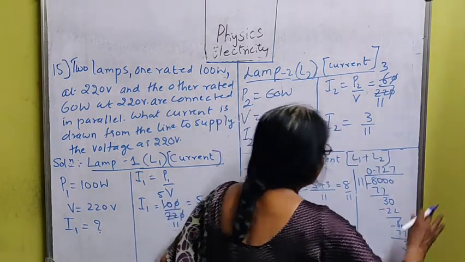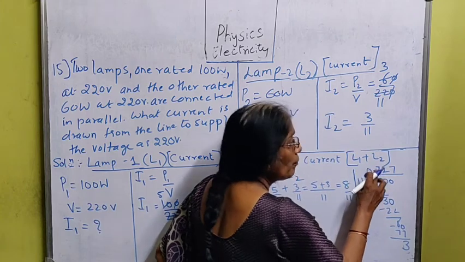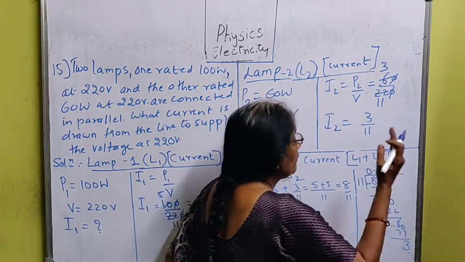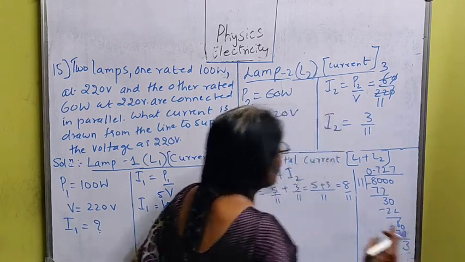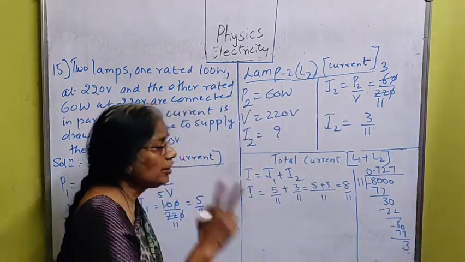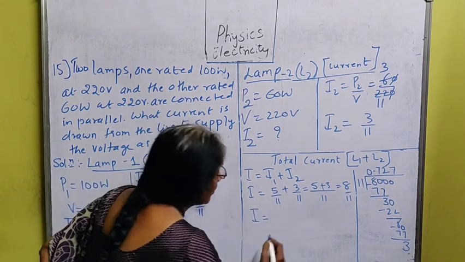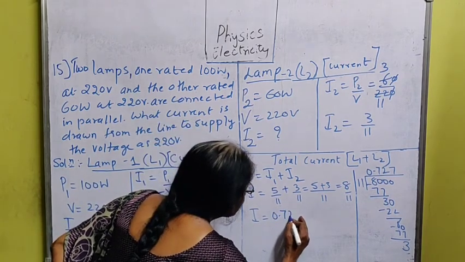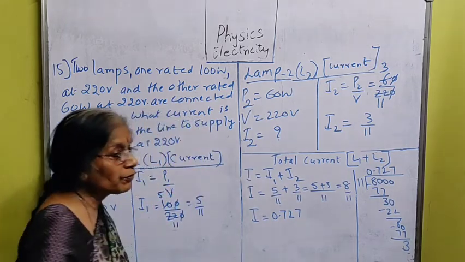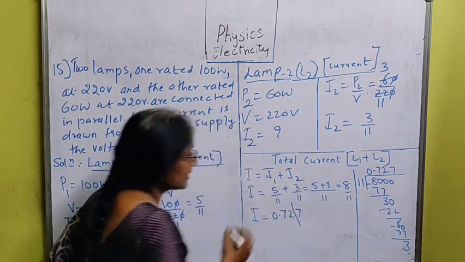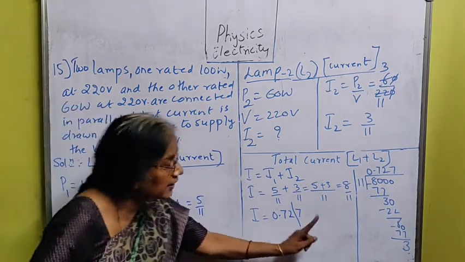It is a recurring decimal. So we got 0.727. We won't take 3 decimal places. We have to write the answer always in physics to 2 decimal places. So we have to see the third decimal.